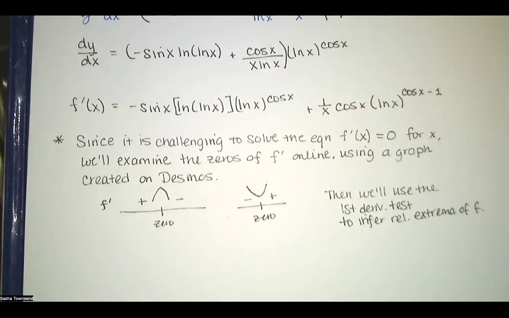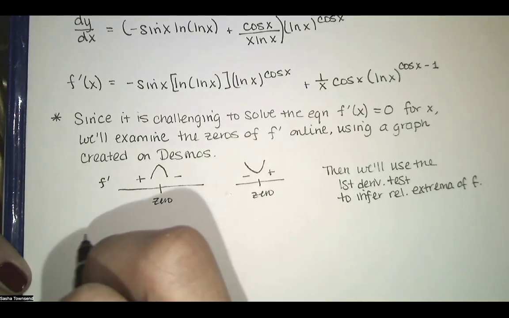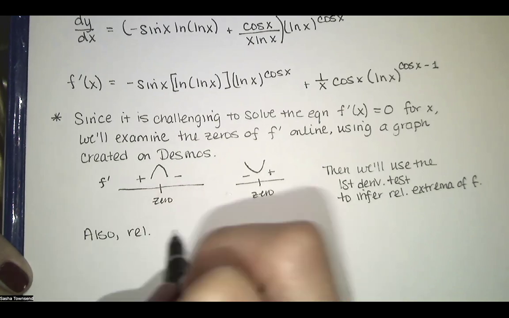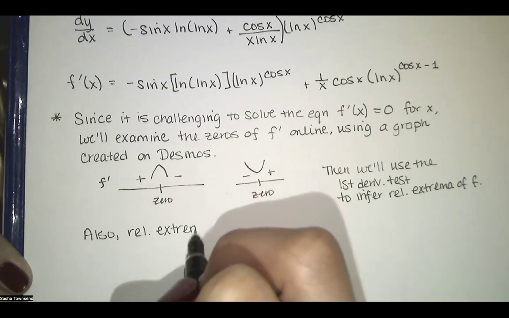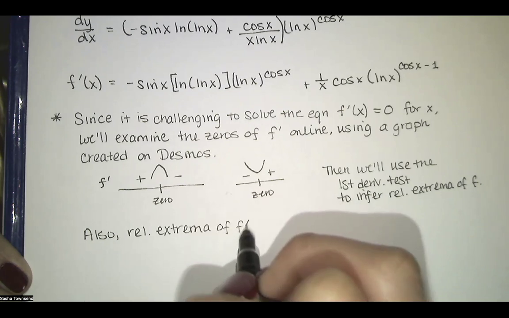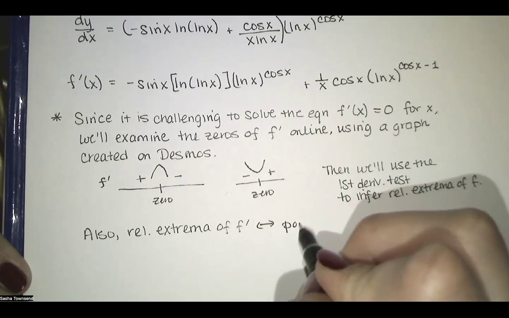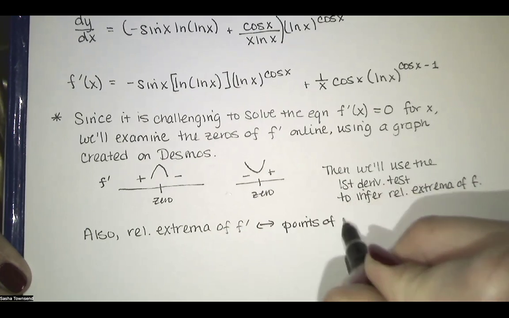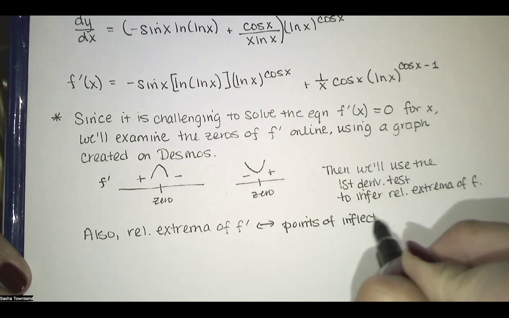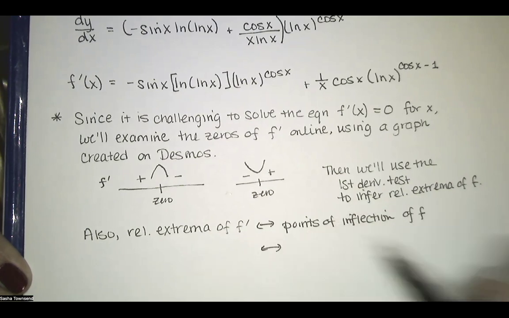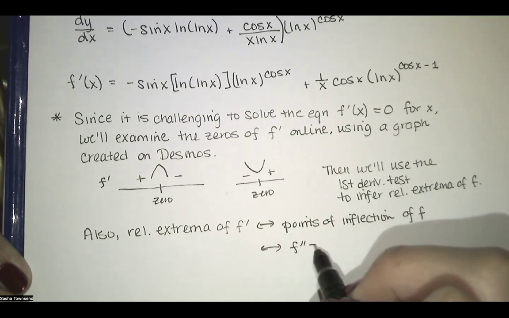Relative extrema of f. And then we also know relative extrema of f prime correspond to points of inflection of the original function, which correspond to the second derivative being equal to 0.